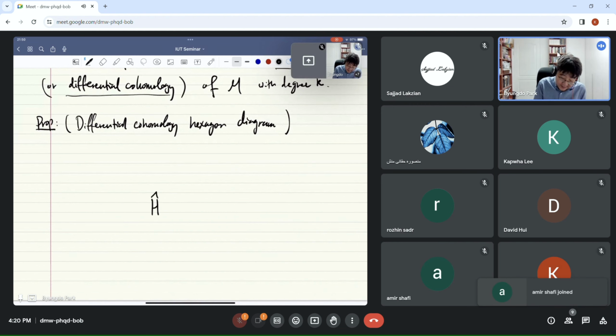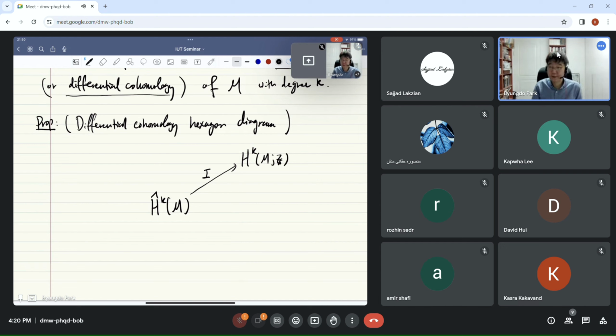This H hat k of M sits in the middle, and then there are maps. There's one map, whose name is I, that forgets the differential datum, so it gives you just integral cohomology. Then there is another datum from the R map that gives you some sort of characteristic forms.